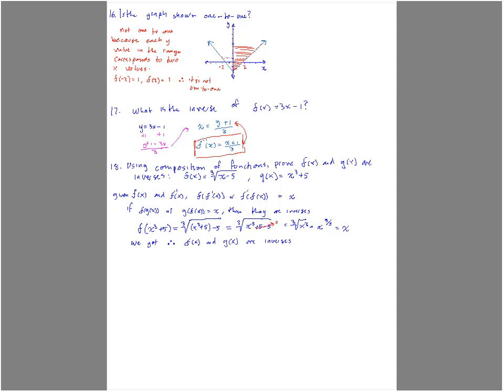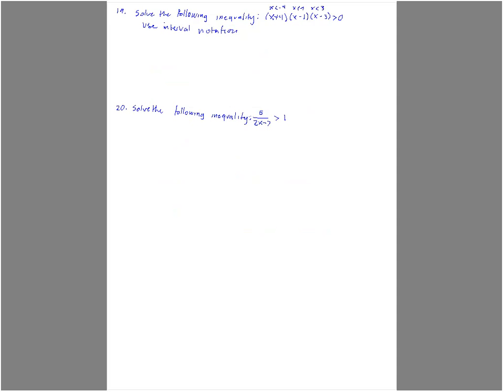Okay. So we've got two more problems here, and I've kind of done a little bit of writing for the first one. This one says, solve the following inequality. X plus 4 times x minus 1 times x minus 3 is greater than 0, and use interval notation. Okay, so this function, using some intuition, it's greater than 0 when none of these terms are negative.